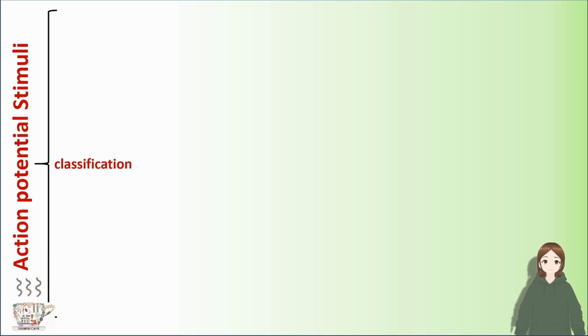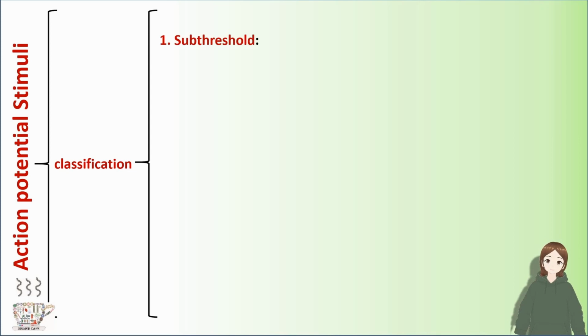Action potential stimuli. Action potential stimuli can be divided into three subgroups: subthreshold, threshold, and suprathreshold.